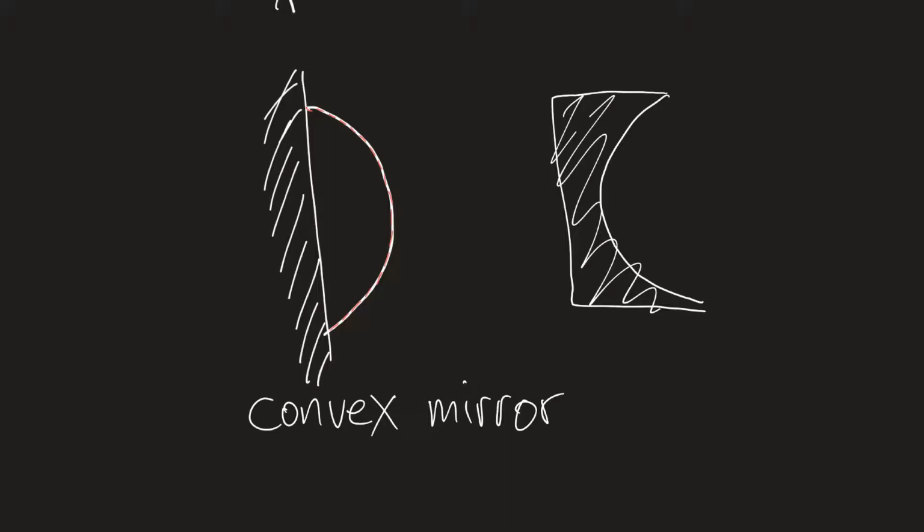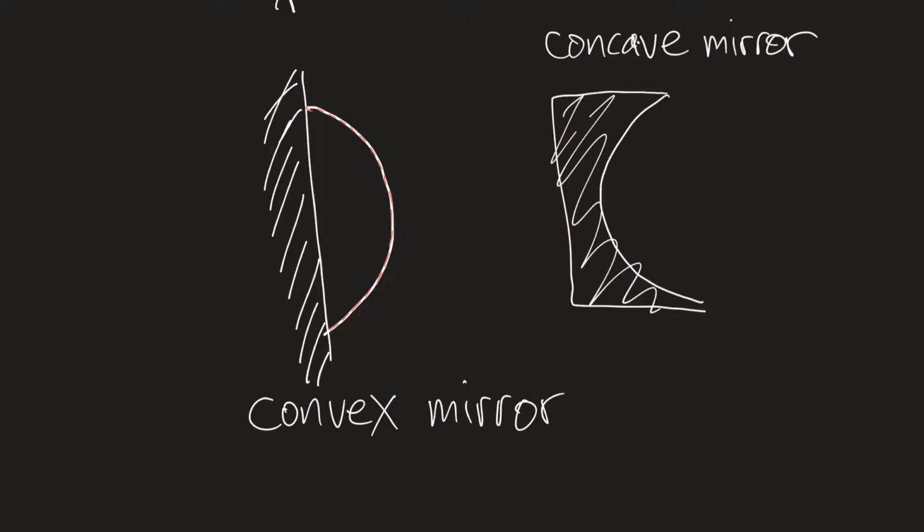This is called a concave mirror. An easy way to remember that is that with this one, you're reflecting light off of the cave side, the caved in side. This one is just the opposite of that, and this is called convex. So you're reflecting off the convex side.